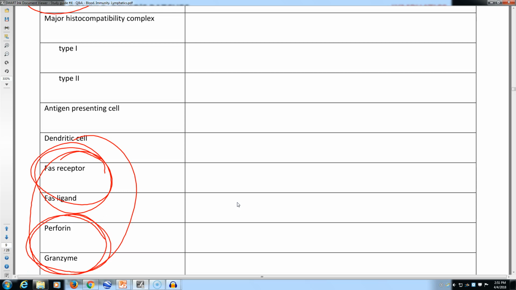So again, coming back, which two types of cells use this mechanism? Perforin and granzymes. One type in adaptive response, one type in innate response. They're both killers. Perforins and granzymes, no phagocytosis involved.